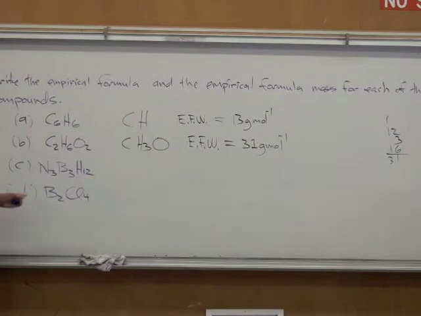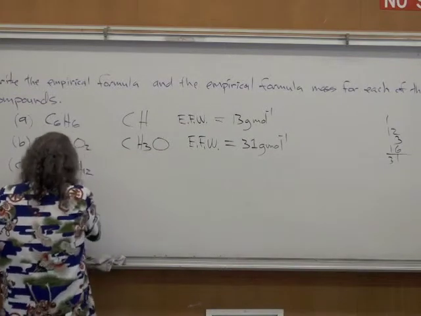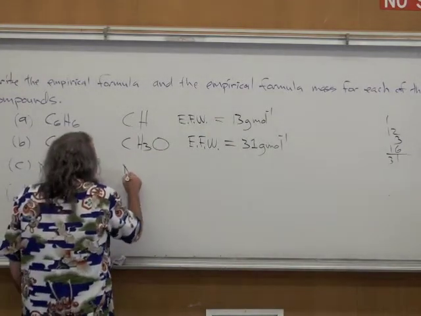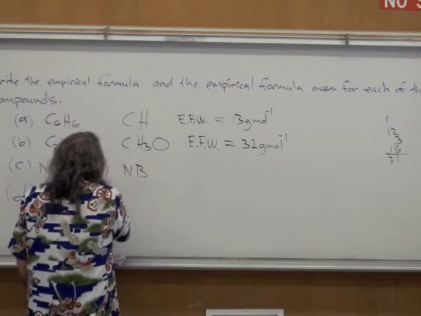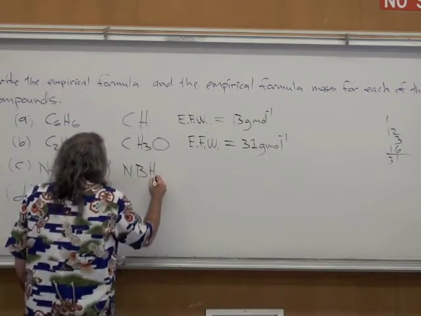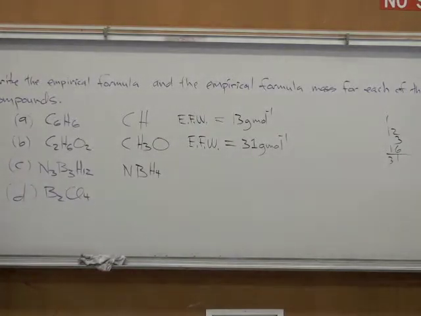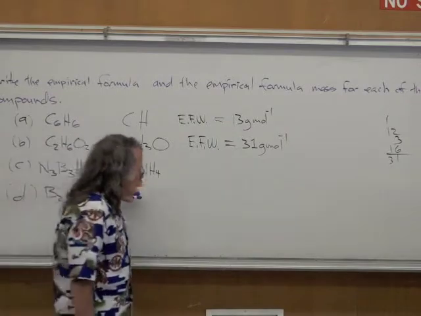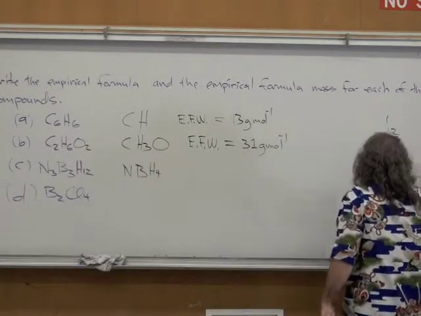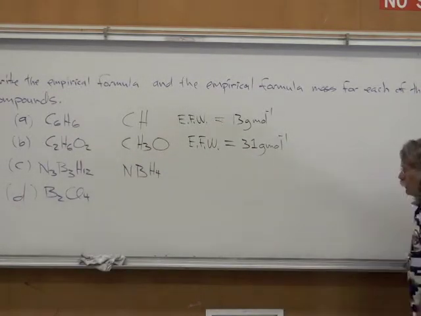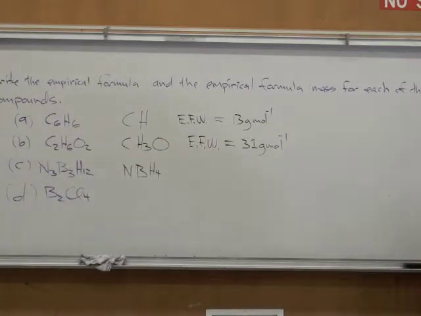Now, this one, what's the lowest common denominator? 3. Okay, so I divide everything by 3. It's NBH4. So that is assuming around 14 grams per mole for nitrogen. I believe it's 11 grams per mole for the boron.